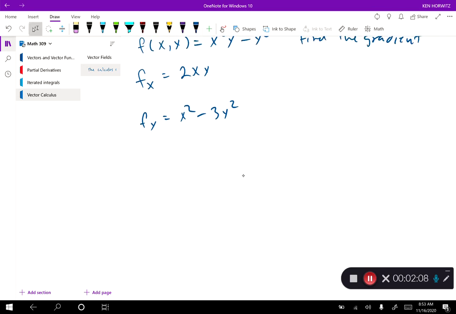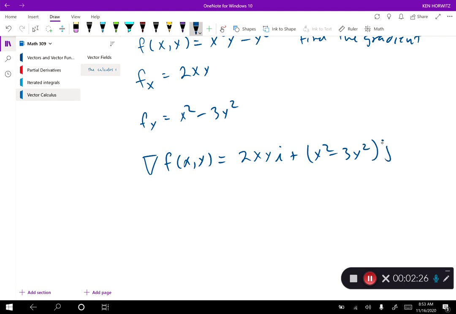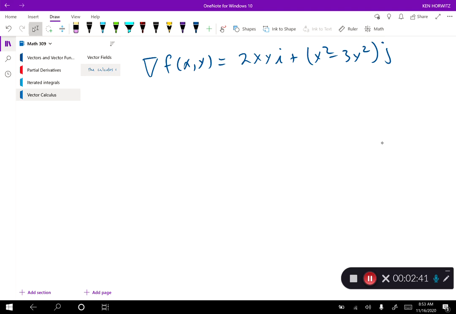So we can put that together as del f of x, y equals 2xy i plus (x squared minus 3y squared) j. And that is indeed a vector field. If the vector field is the gradient, then the vector field is called conservative. So this is a conservative vector field.